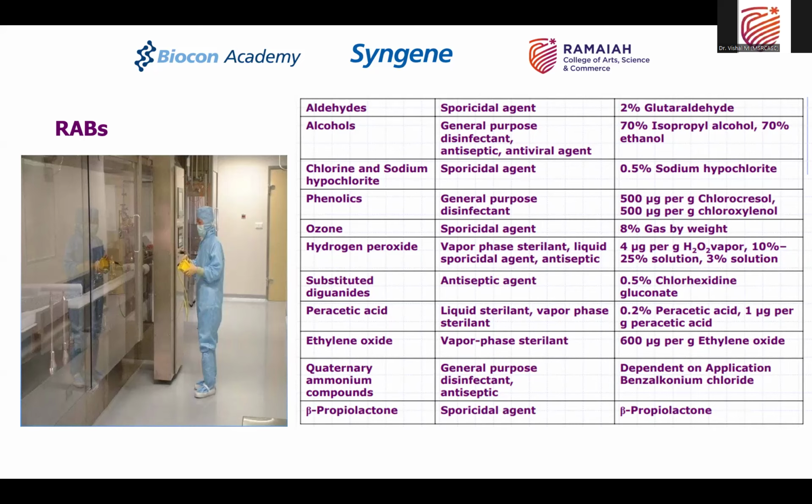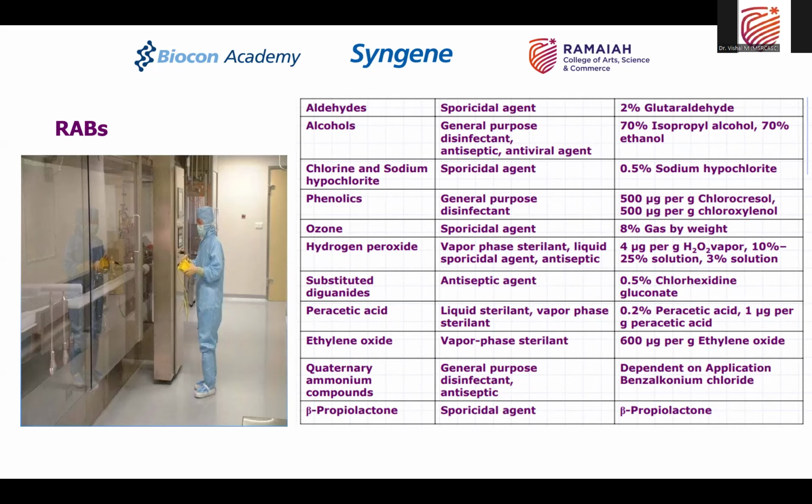Then phenolics. So phenols, generally you use them as disinfecting agents. Ozone, again, it's an oxidizing agent. Hydrogen peroxide, also an oxidizing agent. And other, you can have substituted biguanides.